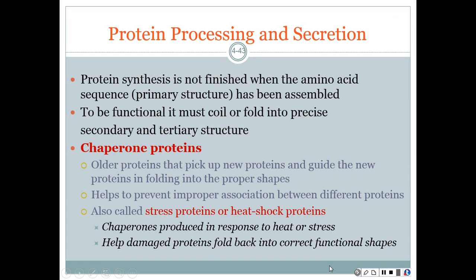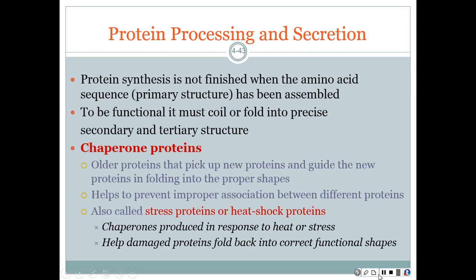Now, in some cases, there is association with other protein chains, or it will start binding with other molecules. All right, so we have these things called chaperone proteins. These chaperone proteins guide a new protein strand into its proper configuration. Now, some of these are called stress proteins or heat shock proteins because they are produced under those particular conditions. Okay.